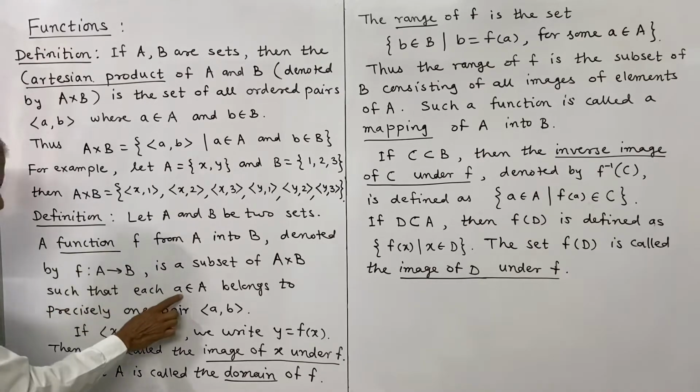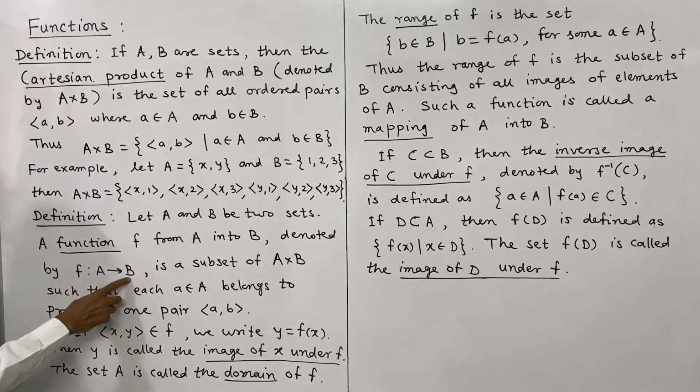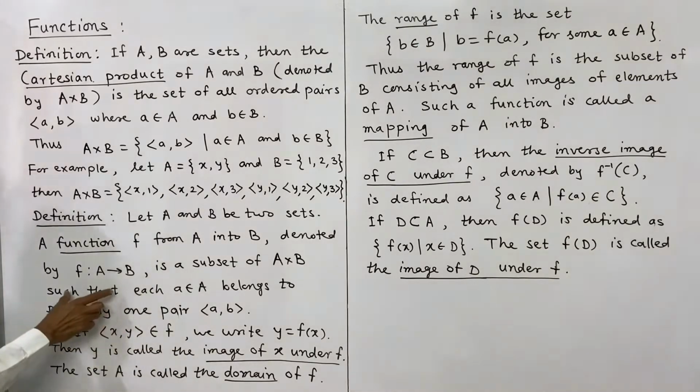That means every element from the first set gives exactly one pair (a, b), and such a relation is defined as a function.